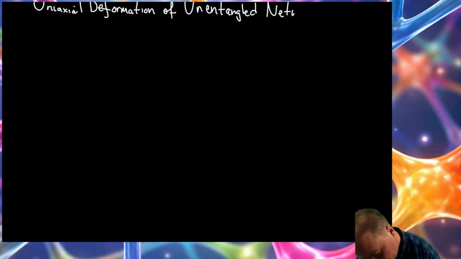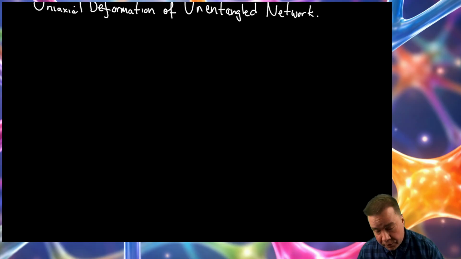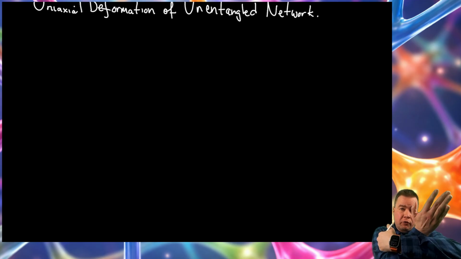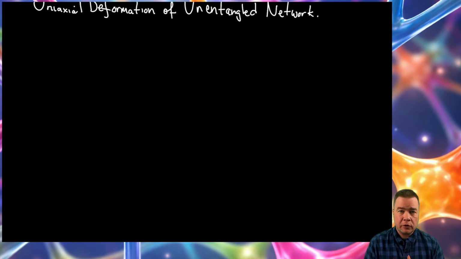So uniaxial deformation of an unentangled network. So think back to the Flory construction video. Unentangled means we're not going to have those crossings of the polymer chains that act as physical crosslinks.